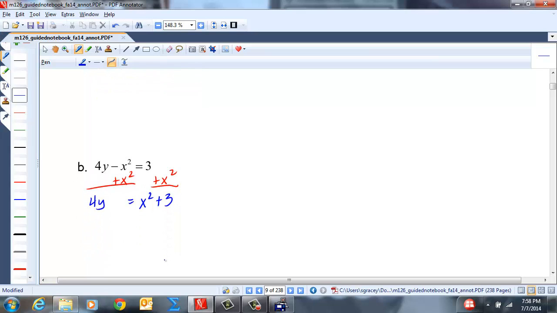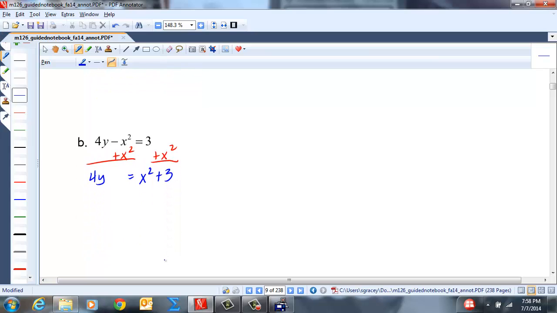So then what do I need to do next? Good. I need to, you either divide both sides by 4 or multiply both sides by 1/4. So we end up with y is equal to x squared over 4 plus 3/4. And we've isolated y.